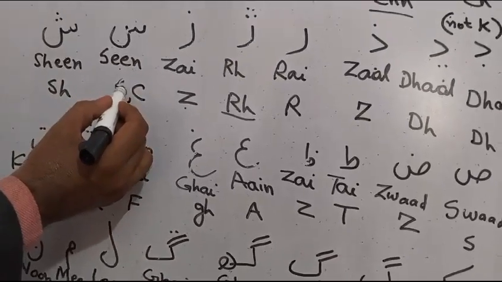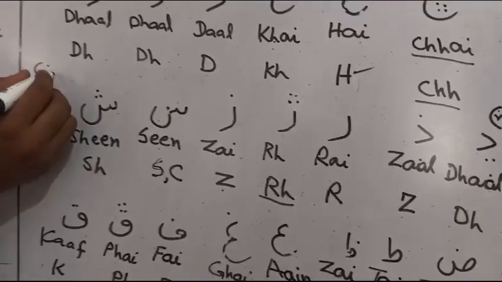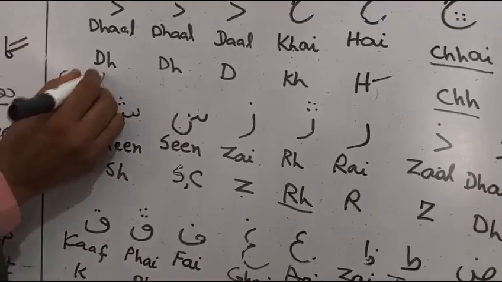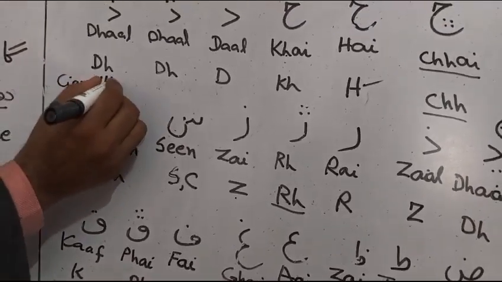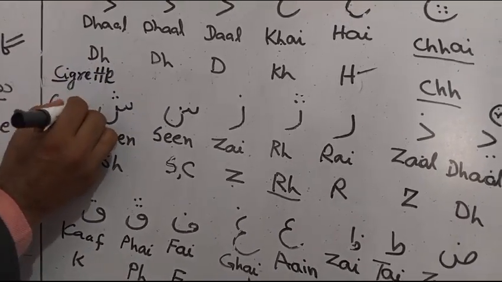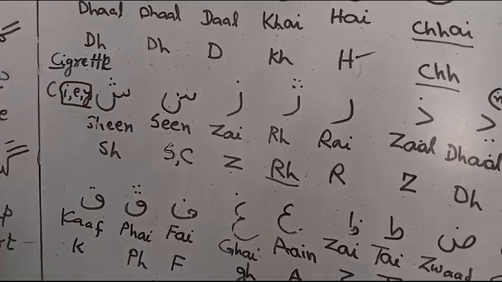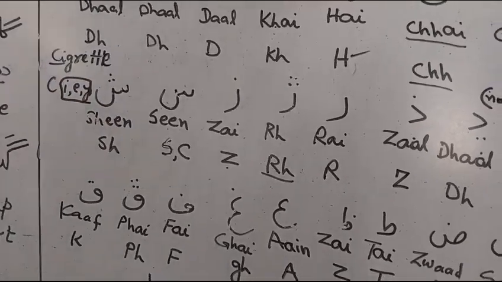Sin, we use S and C. For example, cigarette. The same rule applies when I, E, and Y come after the C; the sound of Sin is used.